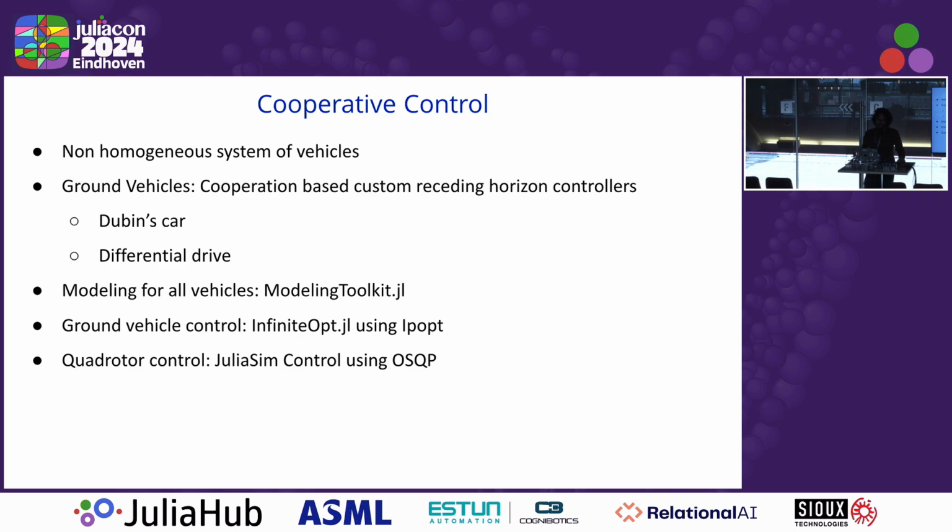The ground vehicle controllers are custom receding horizon controllers that take into account cooperation. Of the ground vehicles, one is a Dubins vehicle and the other is a differential drive. While modeling for all of the vehicles is done in MTK, we use InfiniteOpt, which is an interface in JuMP, and IPOPT to solve the ground vehicle problems, and then JuliaSim Control using OSQP for the quadrotor.